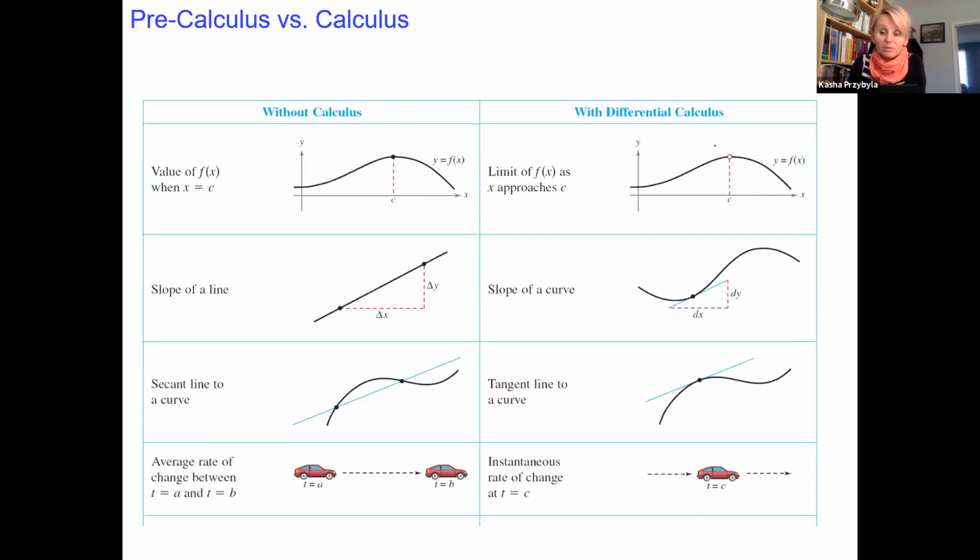That means what is happening with the function as x, this is x equals c, is getting really, really close to the quantity c, but it's not c. You can see we have an empty dot. Okay, that means it's not c, but then what is happening with the function near that point? Okay, that's our task, and I believe for this week.